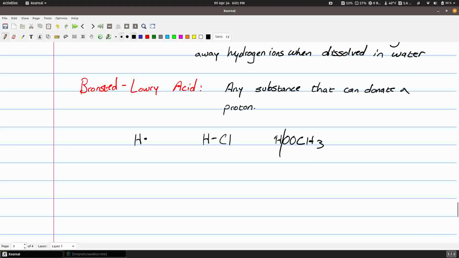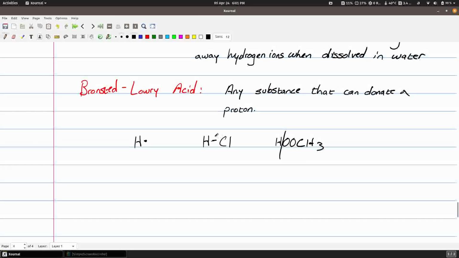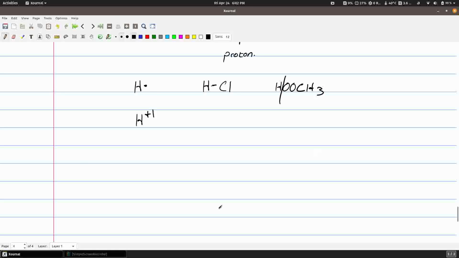So this H would be where it's coming off at. And then this one, you're actually donating, the electrons are not coming with the hydrogen. You're just giving away a proton, because even though this is missing its electron, which is what deviates the charges of elements, you're giving away a proton. So I'm going to give you an example.